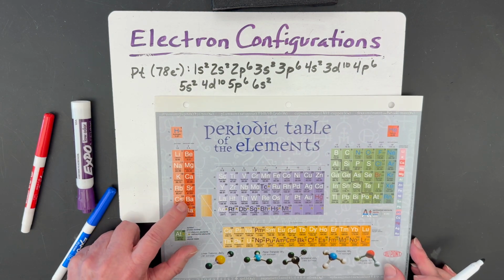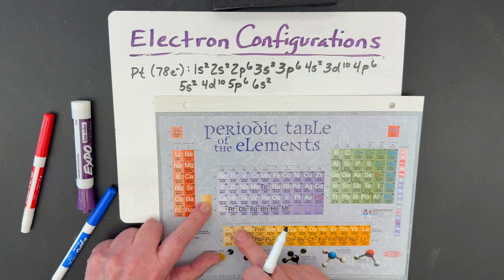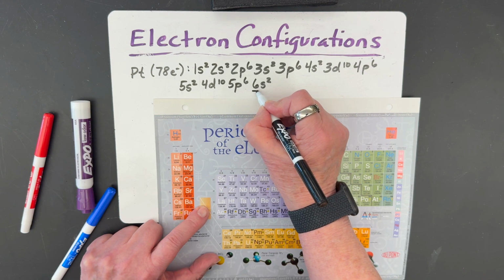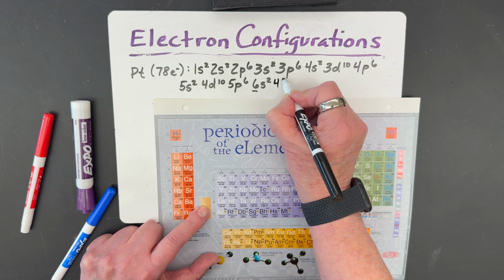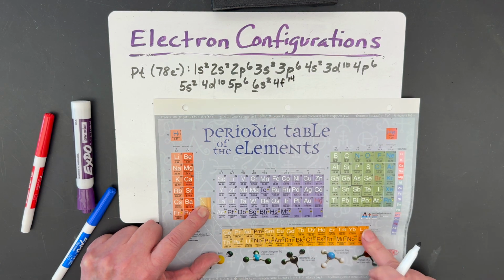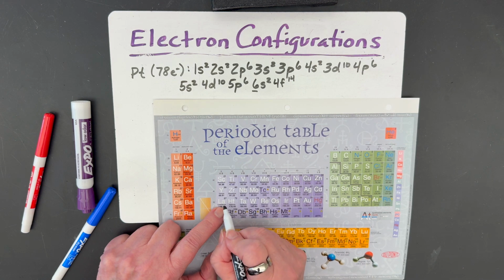So we have our 6S filled. Now we need to fill this F block, and it's back 2. So we're on row 6, but it's a 4F. It's going to fill up with 14 across here, and that takes us to lanthanum right here.